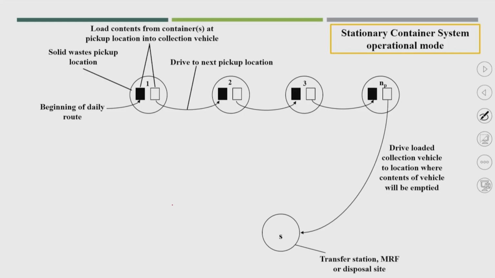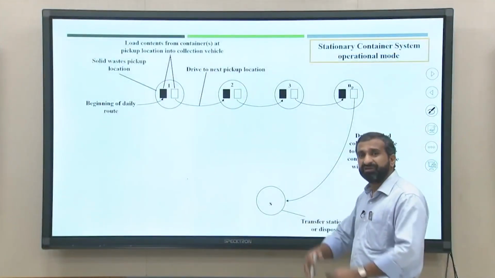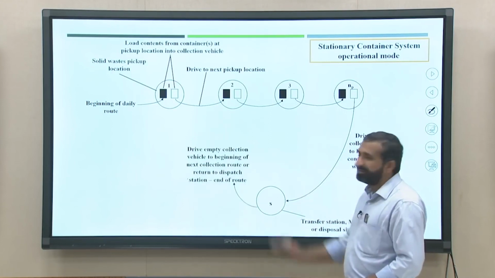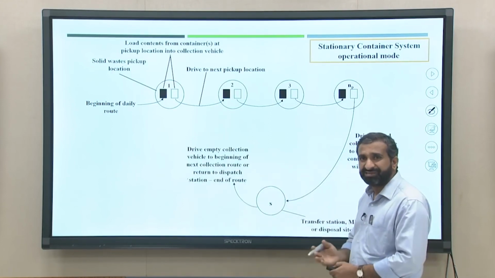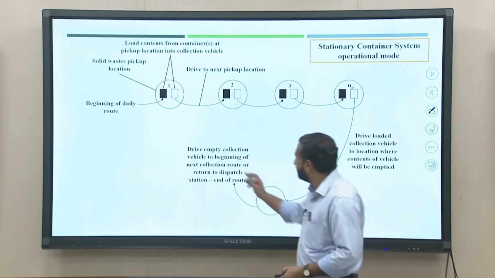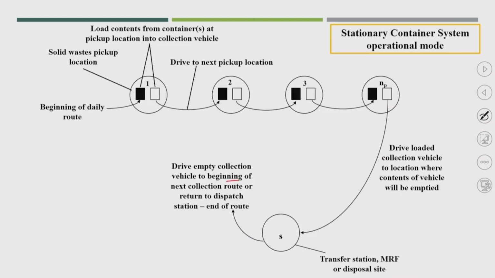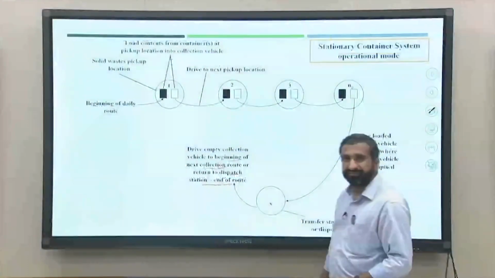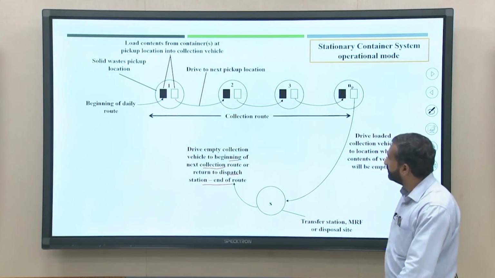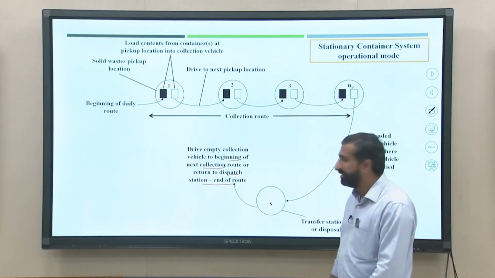If time permits, it will start the next route, or if the time is over, it will go to the dispatch center of that particular vehicle. So, it drives the empty collection vehicle to the beginning of the next collection route, or returns to the dispatch station, which is the end of the route. This is the collection route for the particular vehicle.